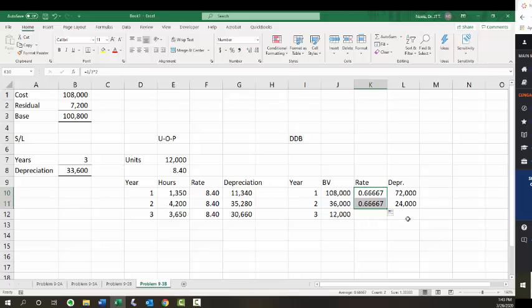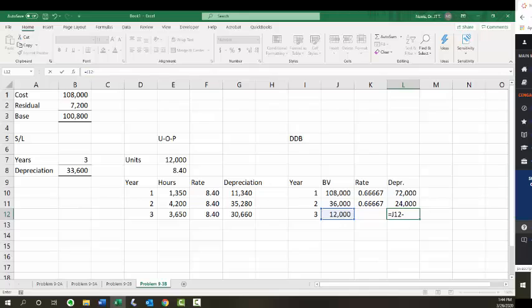So 2/3 of the 108,000 original cost, that's the full book value at year 1, gives us 72,000, leaving us with 36,000, 24,000 in depreciation the second year, and then in the third year we're left with 4,800 in depreciation for the third and final year.